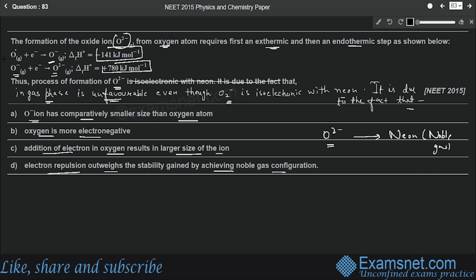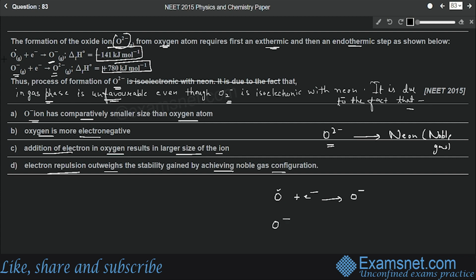Because this is very stable, but it is not so. This is unfavorable, even though it has the electronic configuration same as that of a noble gas. So why? The reason is that when oxygen atom accepts an electron, this reaction is easy. Oxygen atom easily accepts an electron, but when it forms O-.